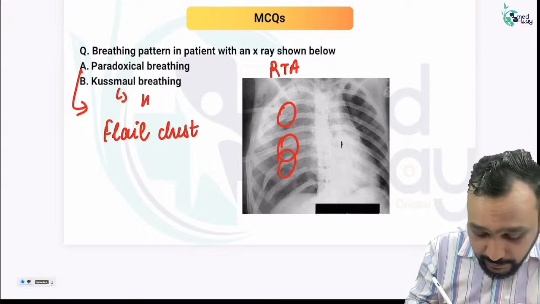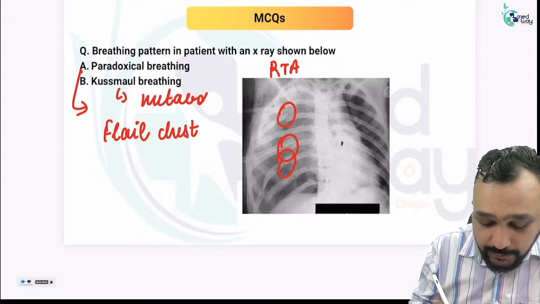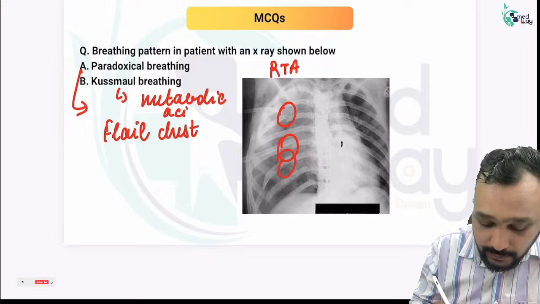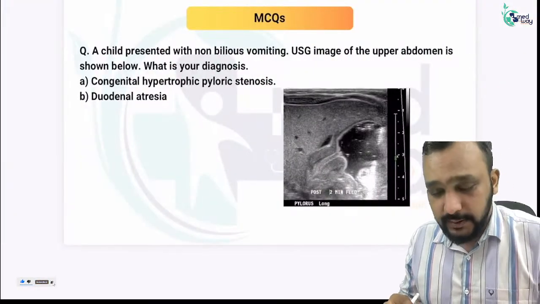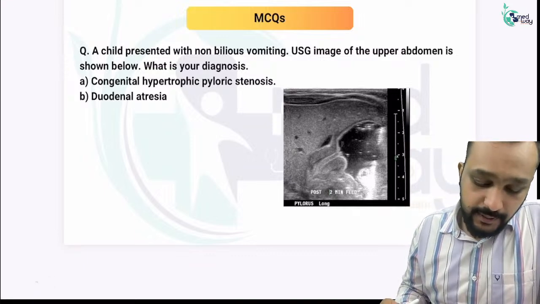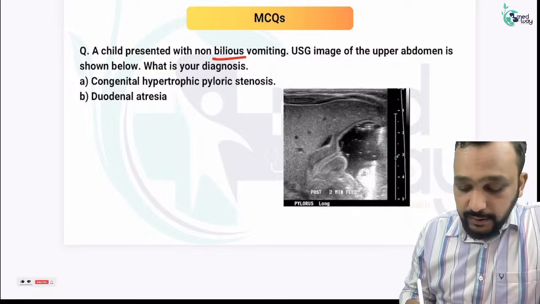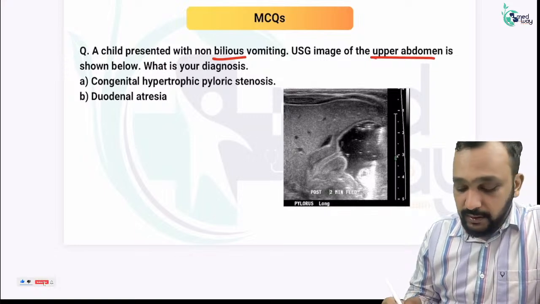Kussmaul breathing is seen in patients with metabolic acidosis, right? So this was asked. So classical patient, non-bilious vomiting, right? Ultrasound image of the upper abdomen is shown.